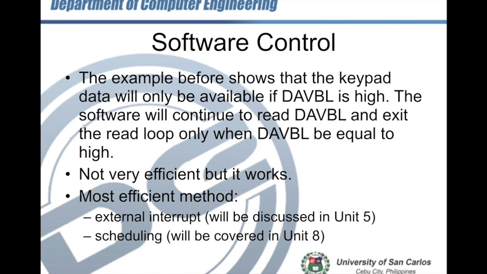operation. Another method is to use scheduling, which will be covered in Unit 8. Scheduling is different from interrupts because the keypad would be read at a certain schedule, a certain interval. So the CPU does not have to wait for an interrupt, but the CPU would have to make sure that the schedule is followed. Otherwise, there would be a miss, and you could no longer read the key press or the keypad data.